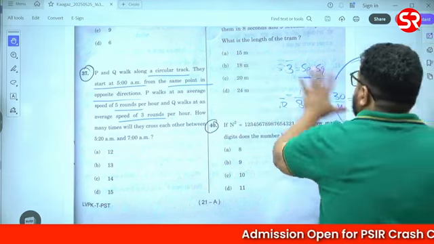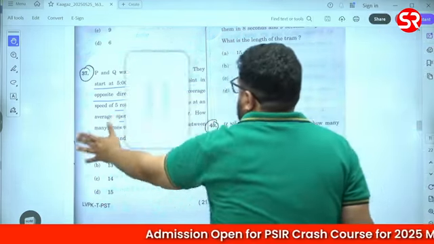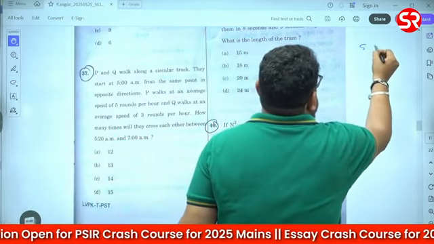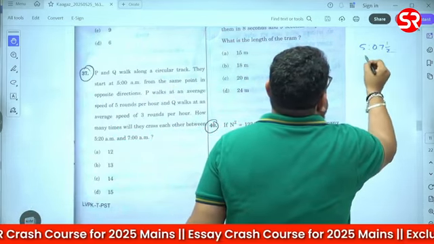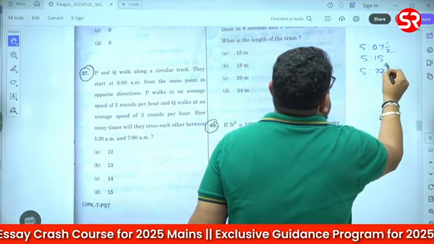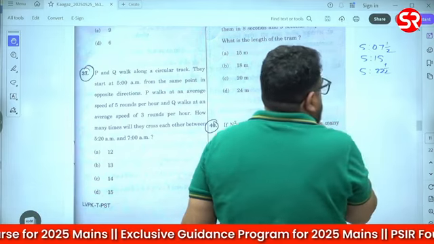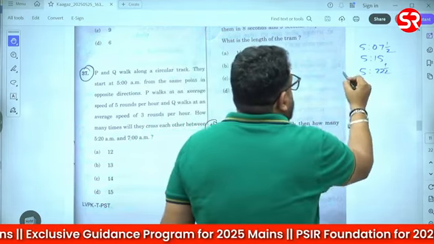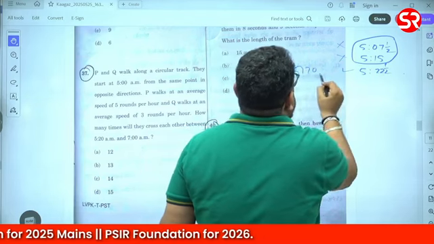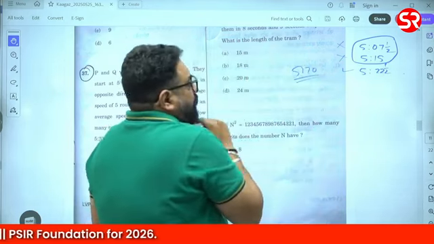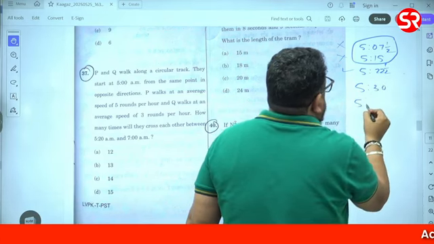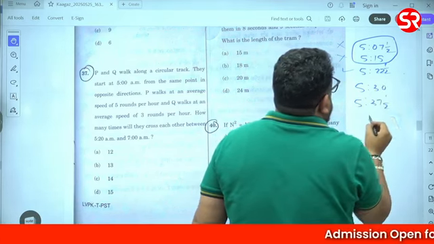Now you realize when they started at 5, the first meeting is 5:07 and a half, second is 5:15, then 5:22 and a half, right? 5:22 and a half. Don't require the formula. So 5:22 and a half, 5:30, 5:37 and a half, right?